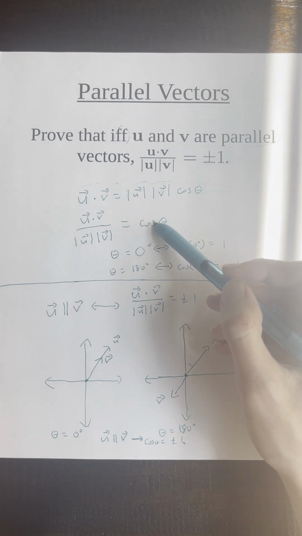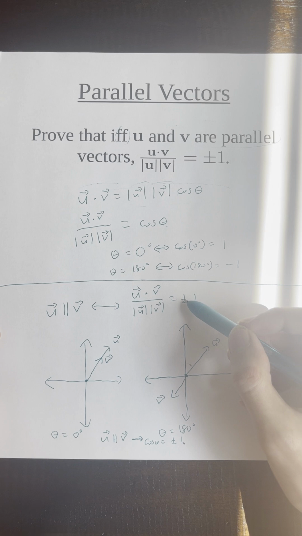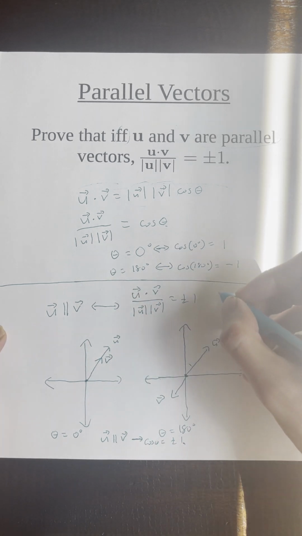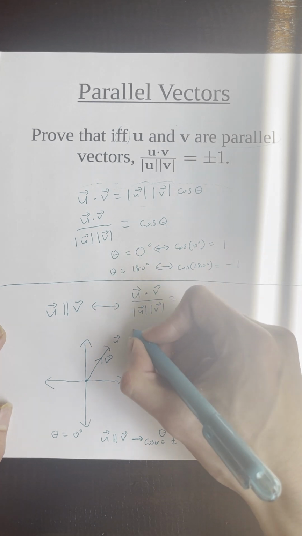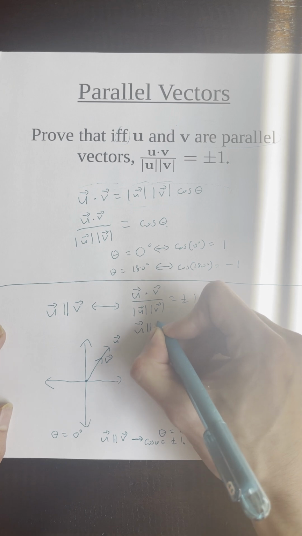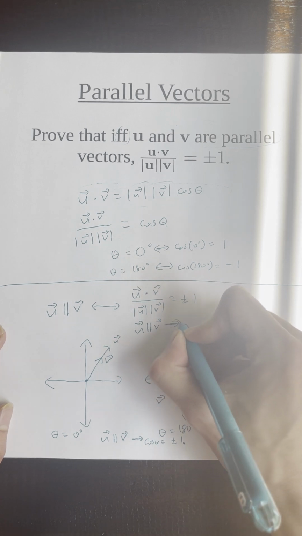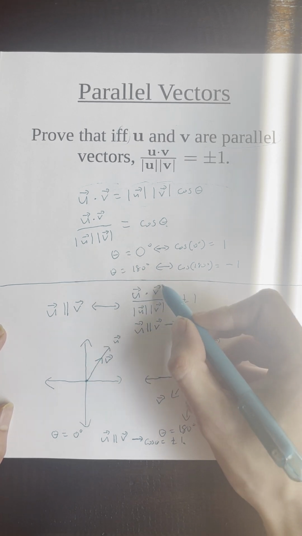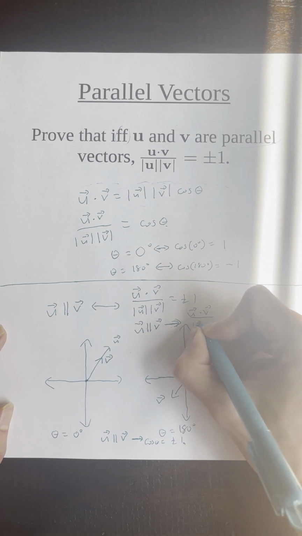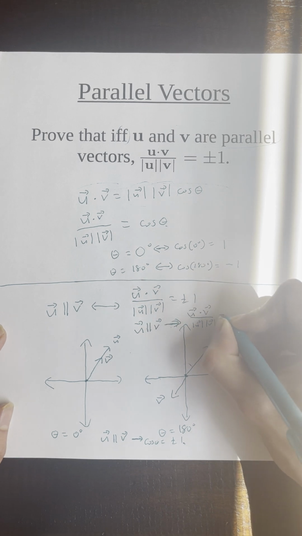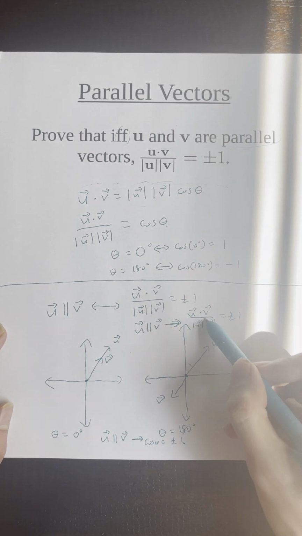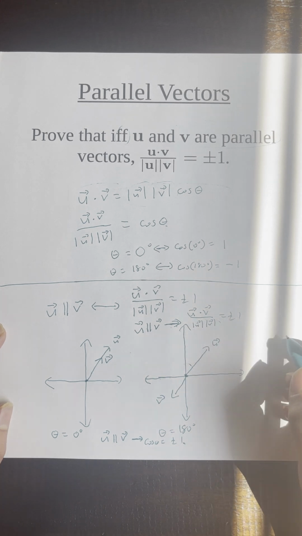If cosine theta is equal to plus or minus 1, we can just change cosine theta to this. I'll write it here. We just showed that u being parallel to v implies, so we only went one way. If this is true, then this is true. We just showed that u being parallel to v implies that the dot product divided by the product of the magnitudes is equal to plus or minus 1.